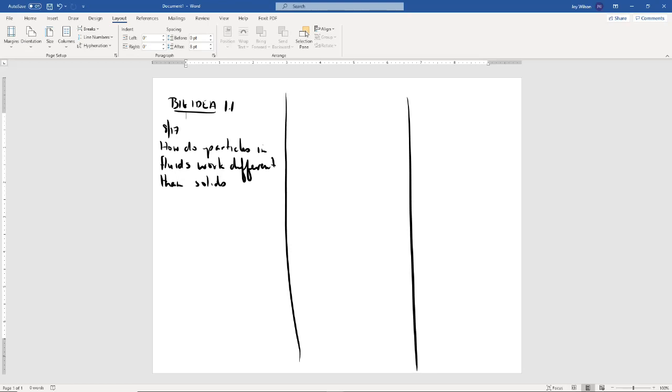And so my middle column will be my diagrams, my examples, and my drawings, sketches. And on the far right, I'm going to have evidence from lab, evidence from reading, evidence for this particular thing.